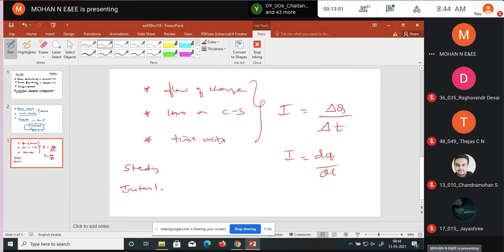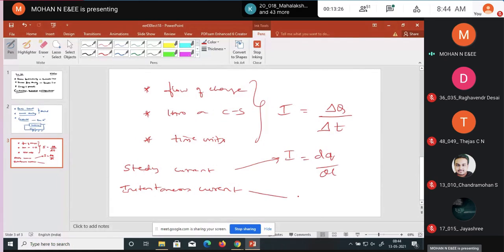Next, what exactly do you understand by steady current and instantaneous current? Steady current is nothing but if this rate of flow of charge is constant. The rate of flow of charge is constant with time, then the current is said to be steady current.